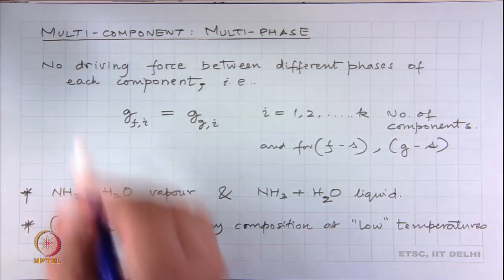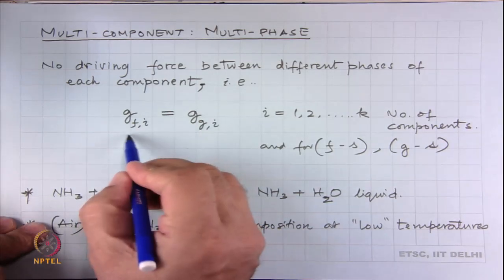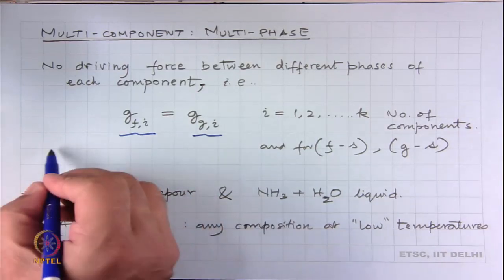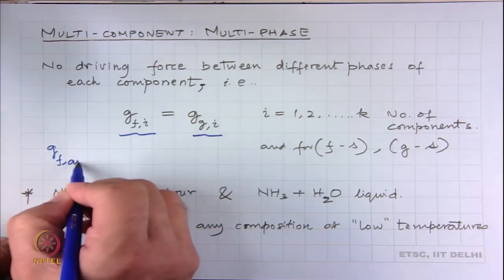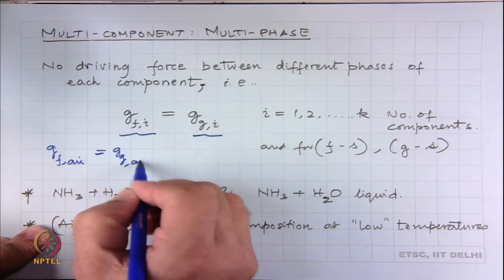So, we are saying that we will not consider a situation where there is no driving force between different phases of each component, i.e. GFI is equal to GGI. That means, for each species, GF, say for air, would be GG for air.